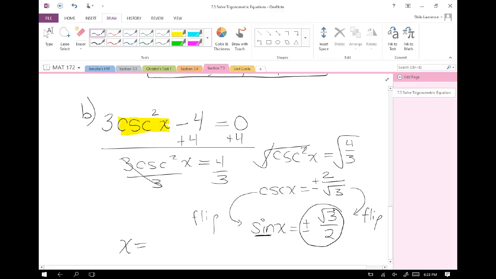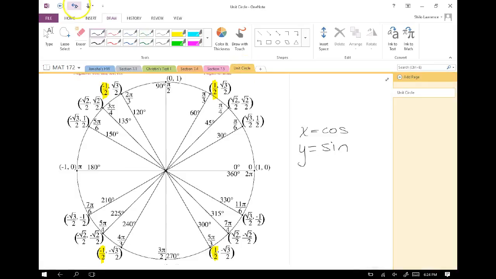So let's look back at our unit circle and find anywhere here where sine, which is the y-coordinate, is either positive or negative radical 3/2. And it looks like it's going to be at 60, 120, 240, and 300.